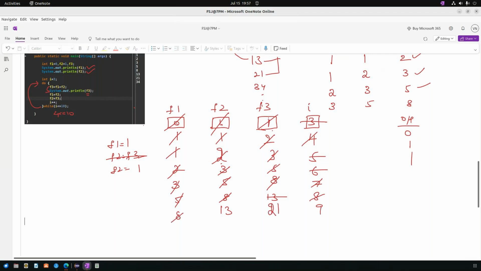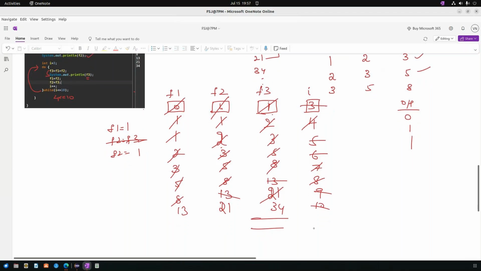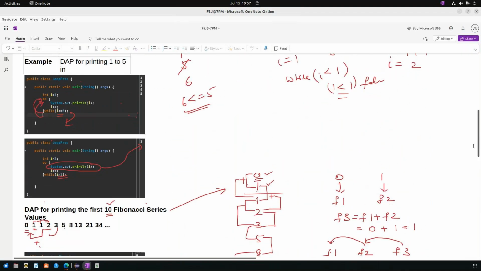When you go to 9, this will be 13, this will be 21 and this will be 34. Of course it is 10. So in this way you look at things, and that's how you look at do while logic.